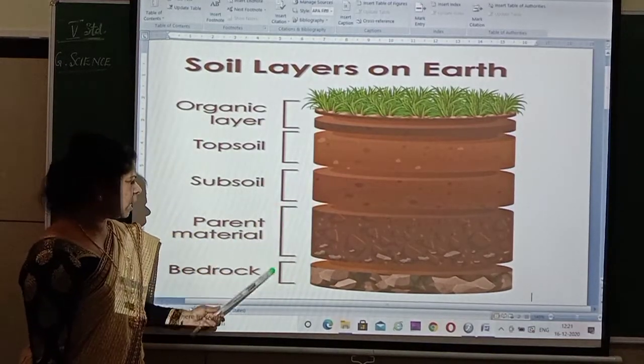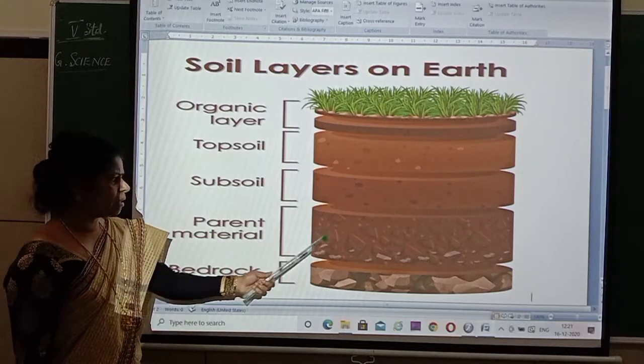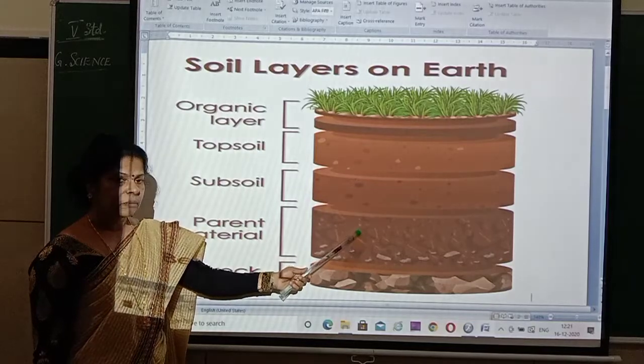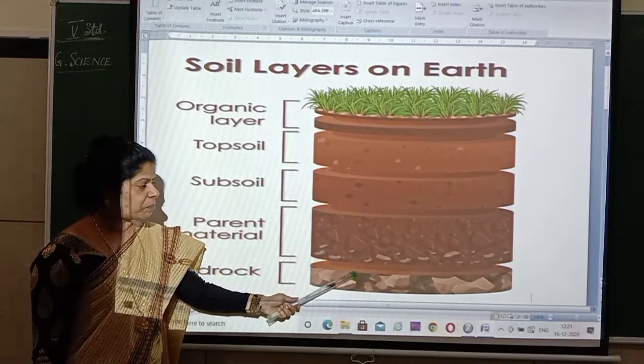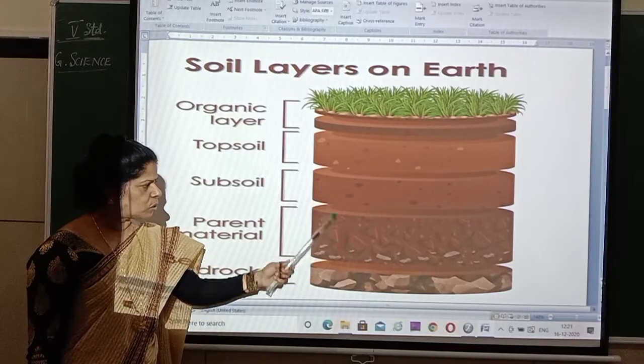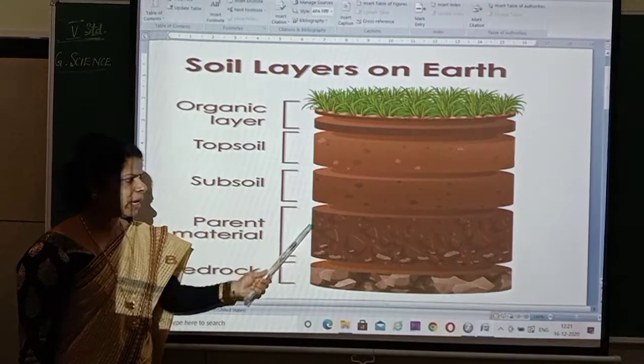Coming to the last one, the parent material, we call it gravel, stones, pebbles. But when you come to bedrock, they are big ones. Can you see here? These are smaller ones. So totally all this you can take as bedrock. So topsoil, subsoil and bedrock.